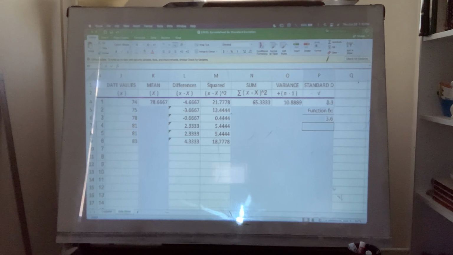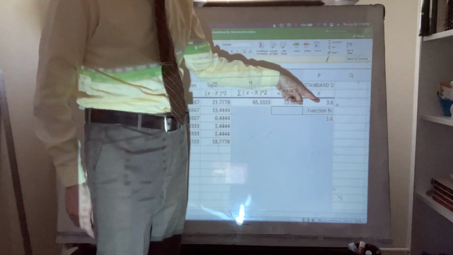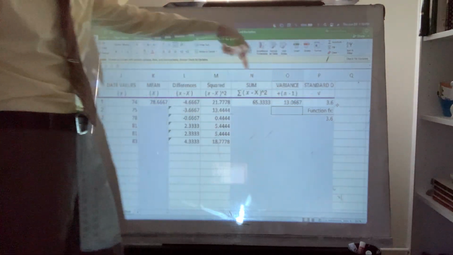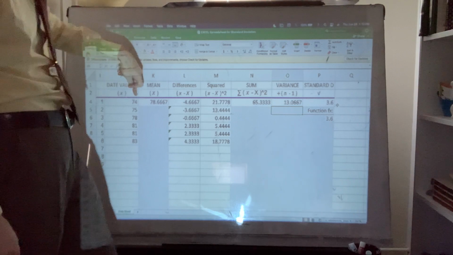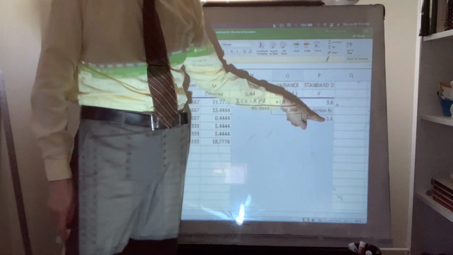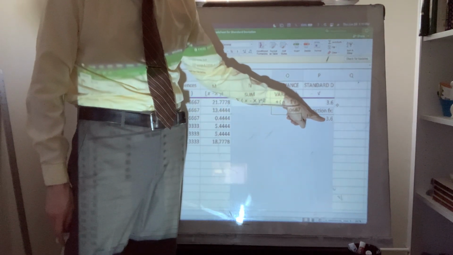I'll do that here for the sake of matching. If this was dependent upon a different number, 5, then you see that it would be, in fact, 3.6. That's sample standard deviation, after having gone through the arduous process, and that's just using the built-in standard deviation function, right?